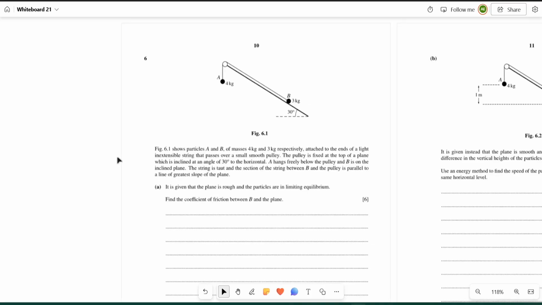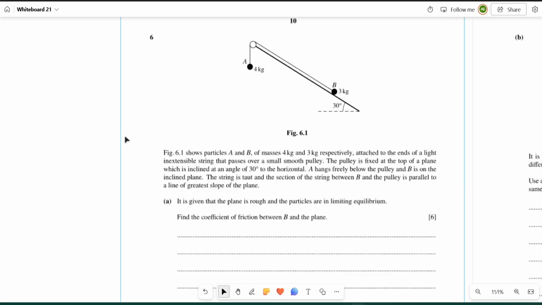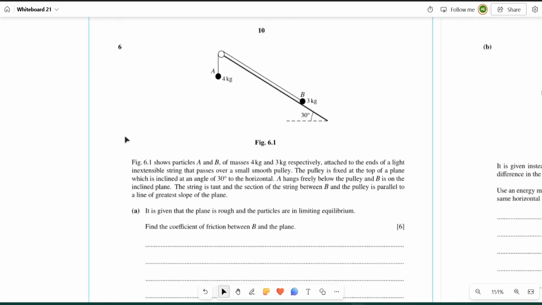Let's start by reading this question and then attempting to solve. So this question says figure 6.1 shows two particles A and B of masses 4 and 3 kilograms respectively, attached to the ends of a light inextensible string. Light means that tensions on both sides of the string are equal. Tension throughout the whole string is equal.